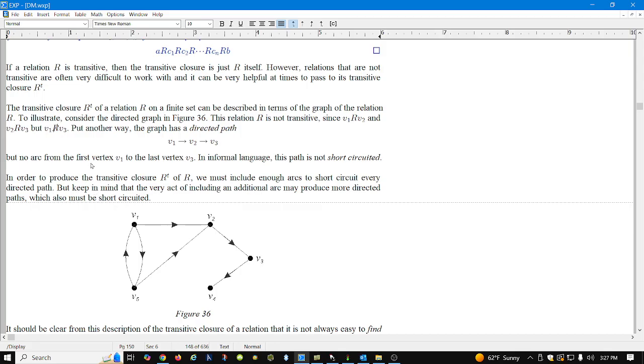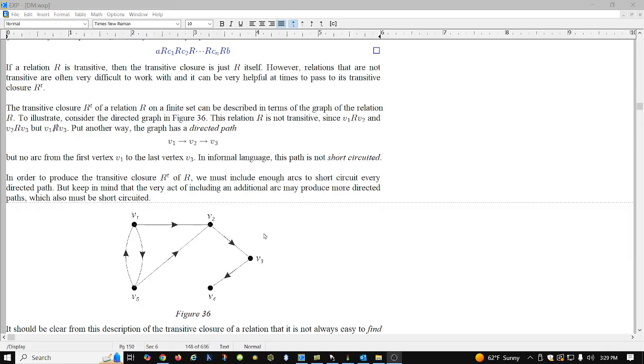We can describe the transitive closure of a relation on a finite set in terms of its graph. So just to illustrate, let's take a look at this graph here of a relation. This relation is not transitive since V1 is related to V2 and V2 is related to V3, but V1 is not related to V3.